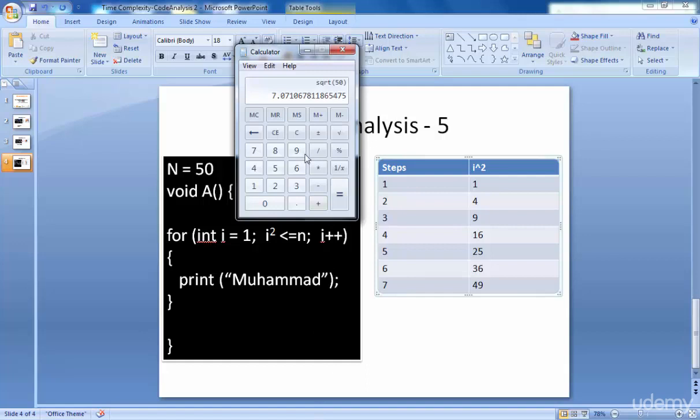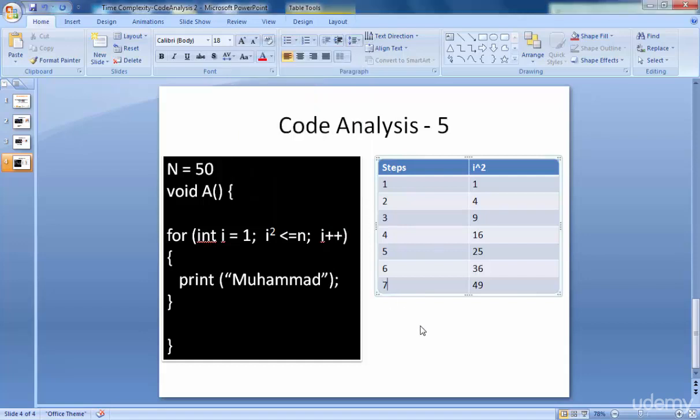Okay, let's check it here. Here we have 50 and I'm taking the square root, right? As you can see, 7.07 something. So the time complexity of this code is square root of n, right?